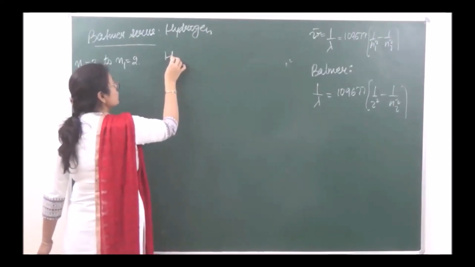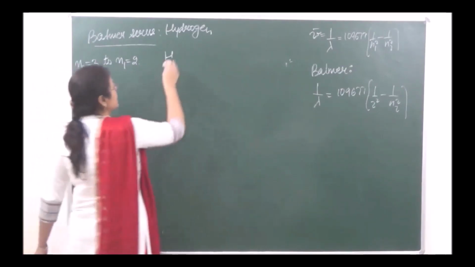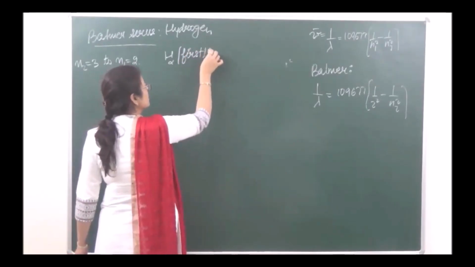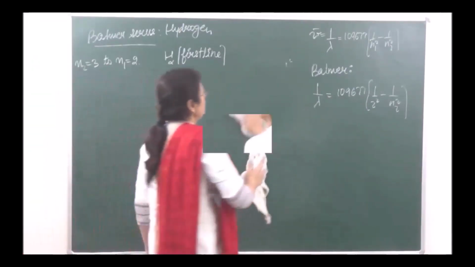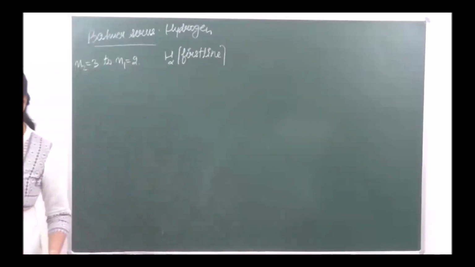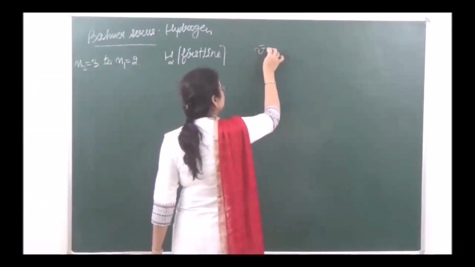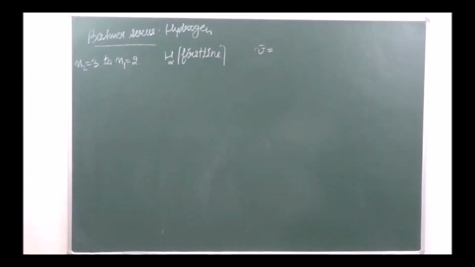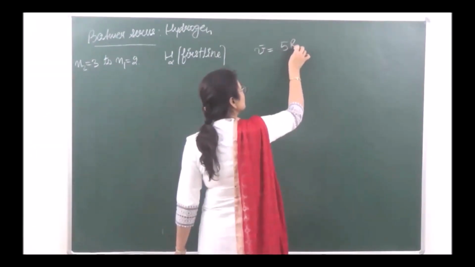So the first transition can be named as H alpha, and this is the first line. For this, the wave number, this is the direct calculation which has been done, comes to 5R upon 36.